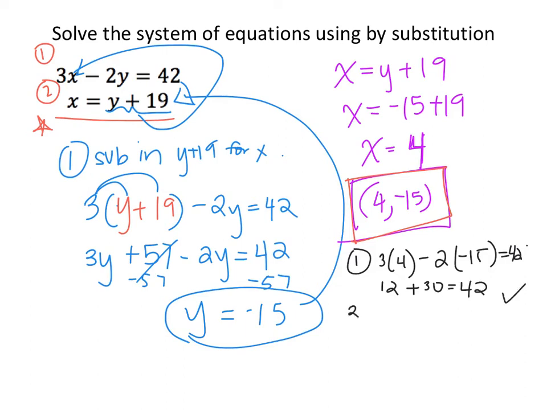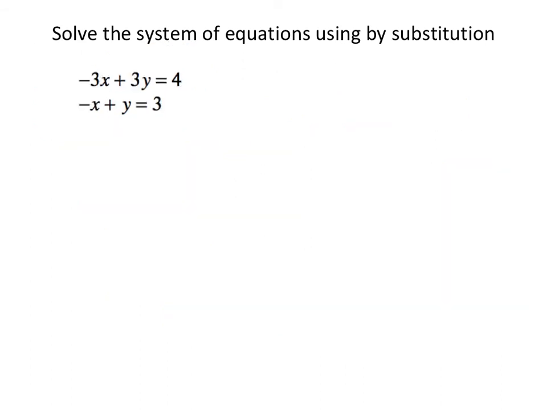That's true. Second one, 4 is equal to negative 15 plus 19. This is also true. Negative 15 plus 19 is 4. So my solution is 4, negative 15.